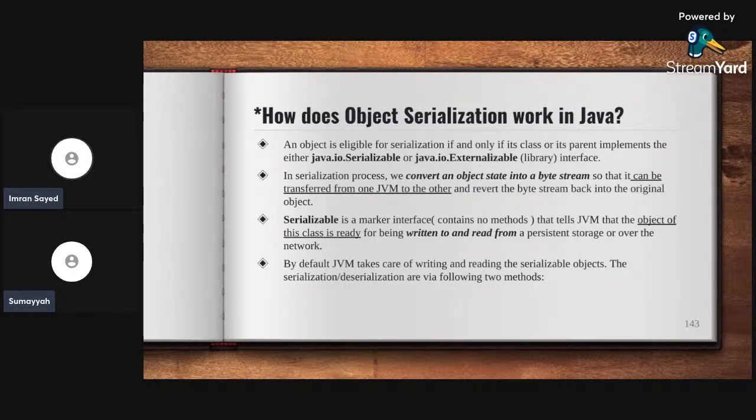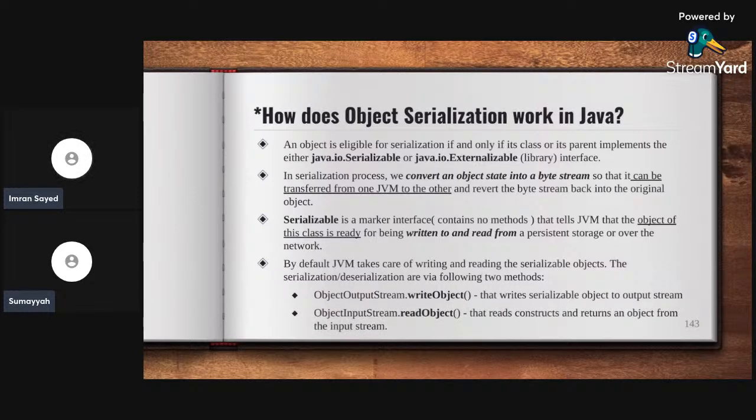Serialization and deserialization are done via the following two methods. One is ObjectOutputStream.writeObject, which writes the serializable object to the output stream, and second is ObjectInputStream.readObject, which reads, constructs and returns an object from the input stream.